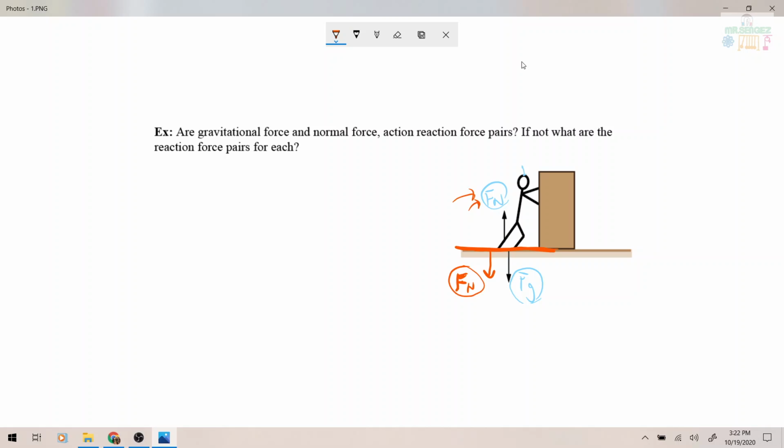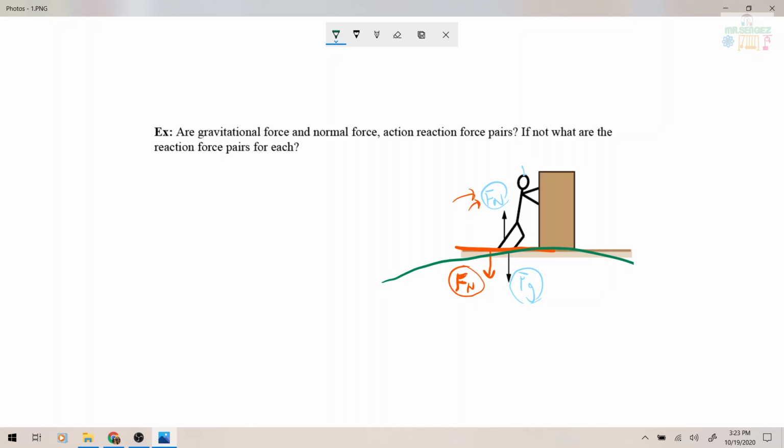Then what will be the reaction force pair for gravity? To answer that, we need to think about the reason for gravity. What creates it? The reason for gravity, as we know, is the Earth that this person is standing on. The Earth is pulling the person towards itself.